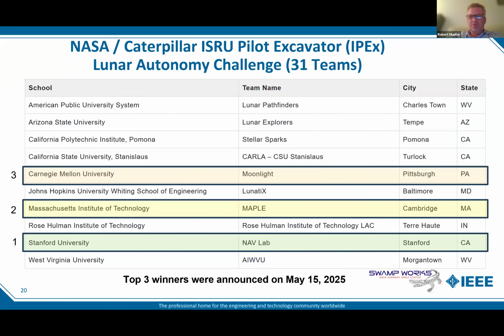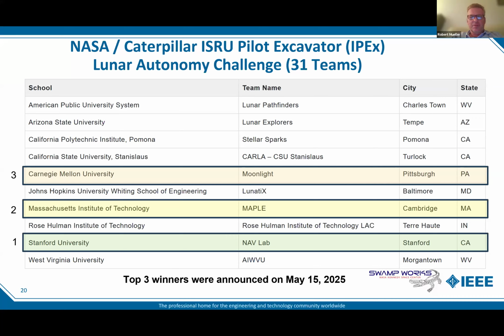So we had this competition. It was very successful. We had a good turnout. 31 teams applied. It was narrowed down to the finalists. This is a list of the finalists. First place was given to Stanford University, second place MIT, third place Carnegie Mellon University.